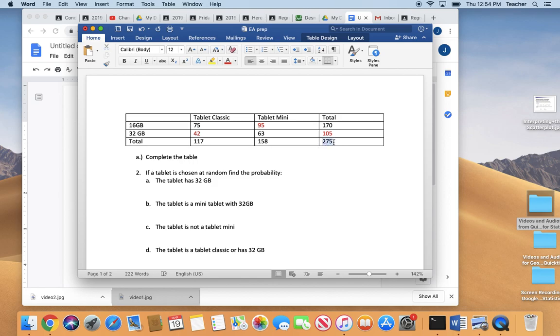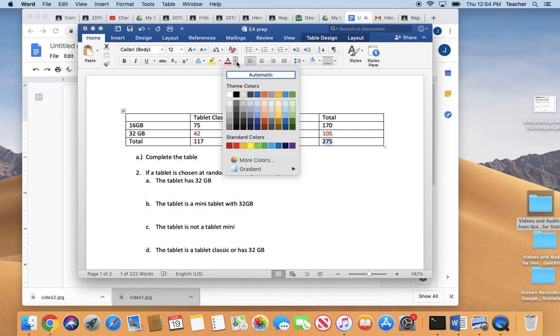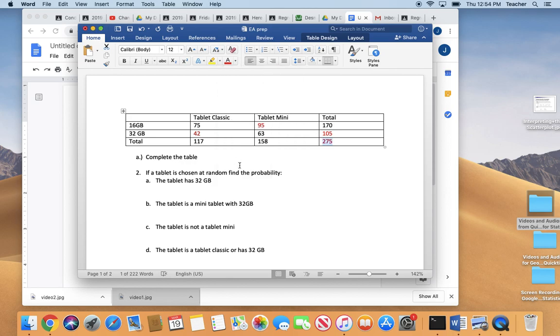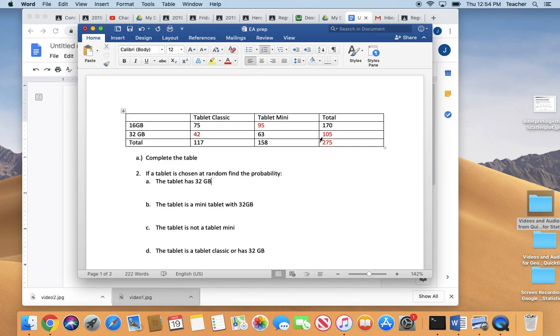Okay, so now I completed the table by putting in those numbers. So it says if a tablet is chosen at random, find the probability the tablet has 32 gigabytes. So if I look here, the total number of 32 gigabyte tablets is 105. It's right here. And I'm looking over the entire number of tablets that I have, which is 275.